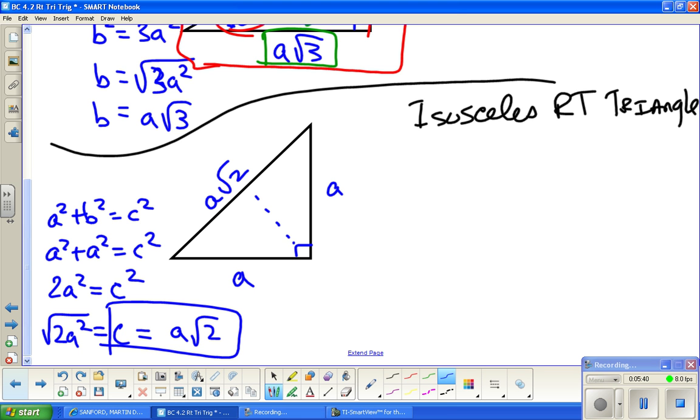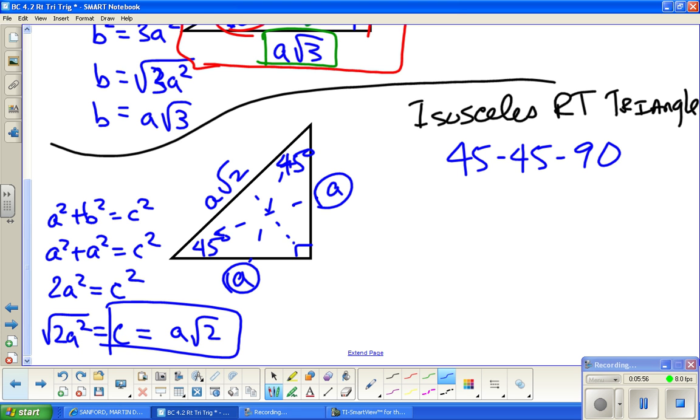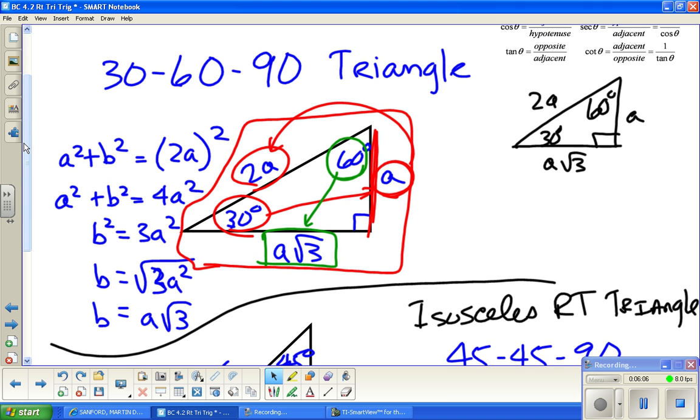Because of these sides being the same, the angles across from them have to be the same, and so they actually have to be 45 degrees each. So this is also called a 45-45-90 triangle, or 45-45 right triangle, also referred to as an isosceles right triangle. Let me make a quick note of that guy.